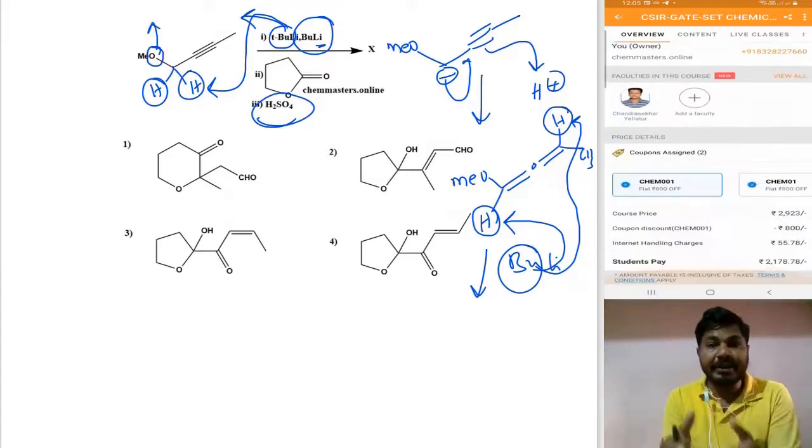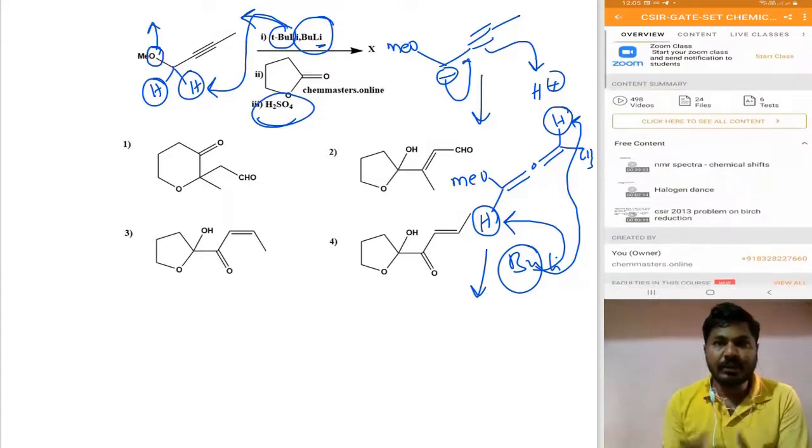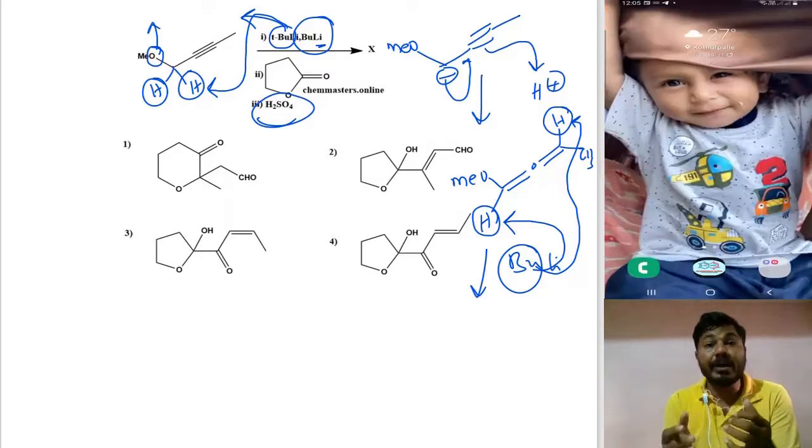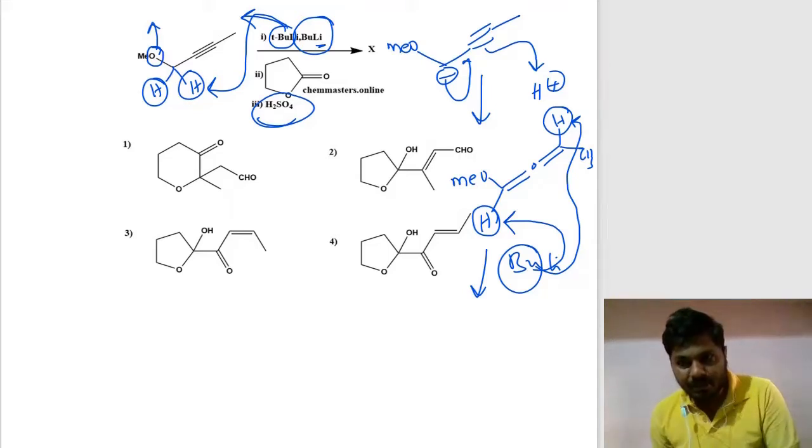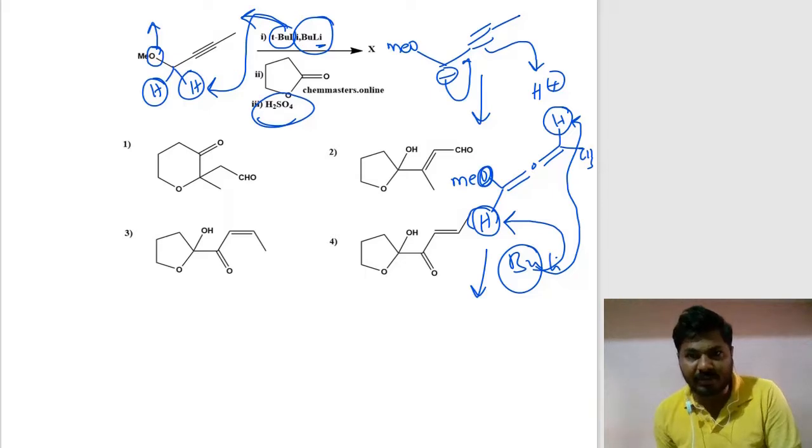All of them are given in the options, so which one is more acidic? Simply we need to apply our basics: the proton adjacent to the more electronegative oxygen is more acidic in nature. That's why butyl lithium abstracts this proton only.